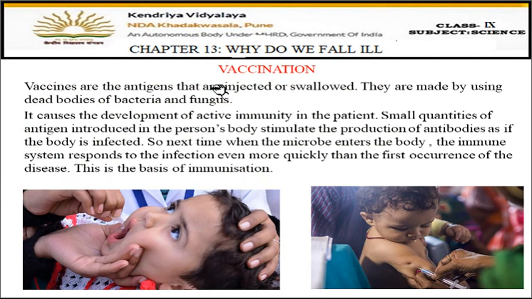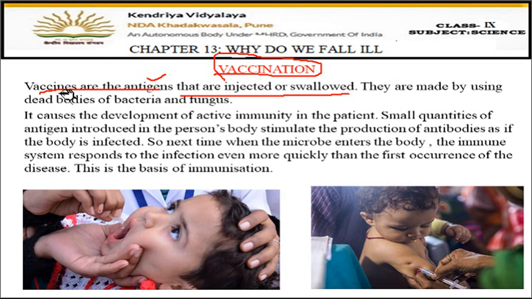Now, the next topic is vaccination. Vaccines are antigens that are injected or swallowed. Vaccines are nothing but chemicals; they are actually antigens. Antigens are those bodies which help to develop antibodies. Once vaccines go inside the body, it starts making antibodies.